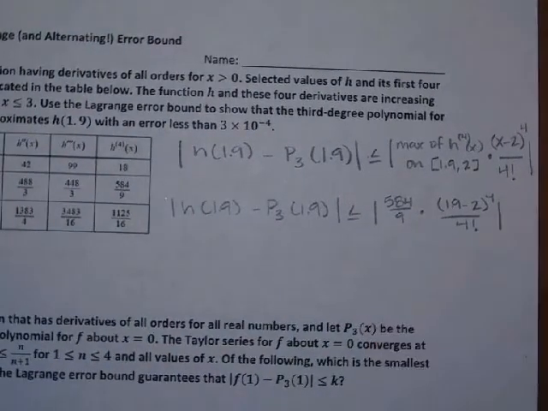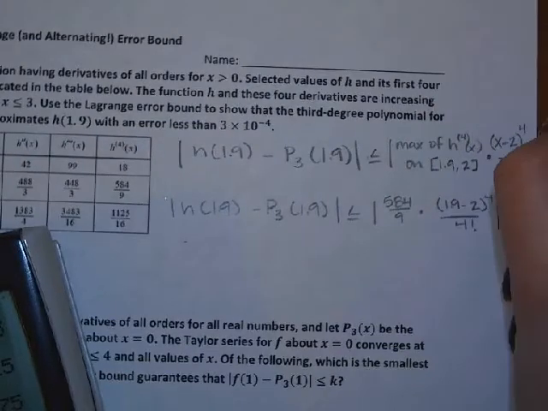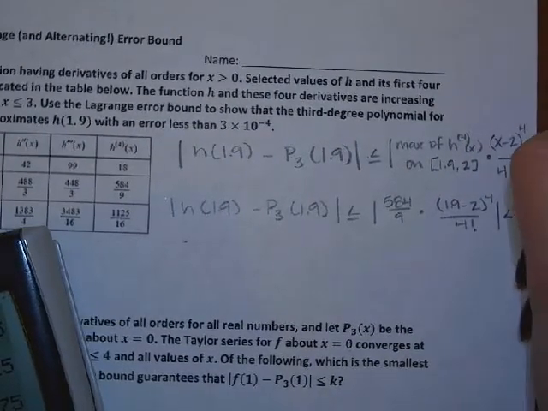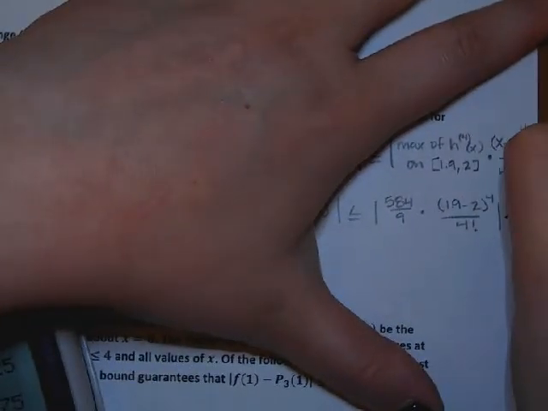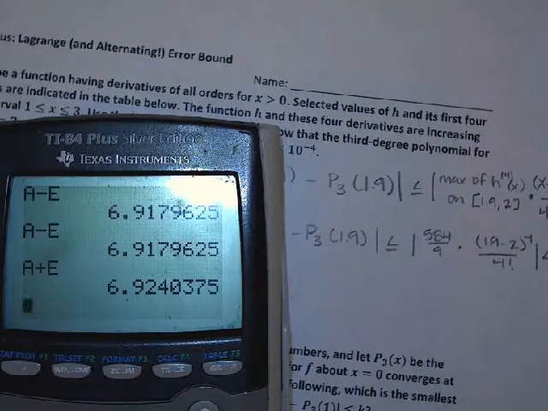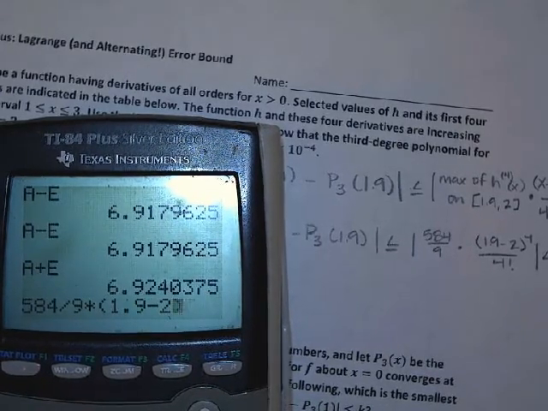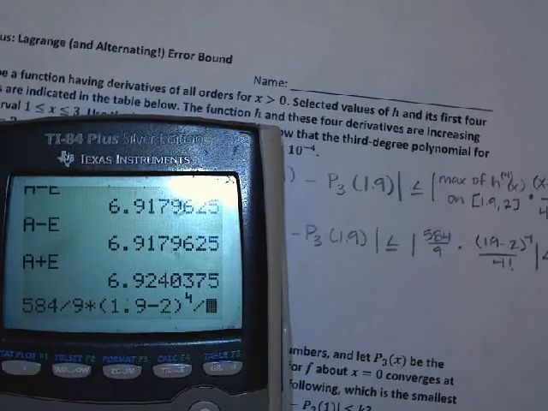All right, so now that's a calculator question. Oh, and we want this to be less than 3 times 10 to the negative 4. Okay, so we've got 584 over 9 times 1.9 minus 2 to the 4th divided by 24.